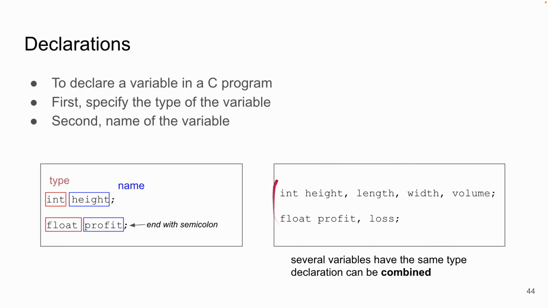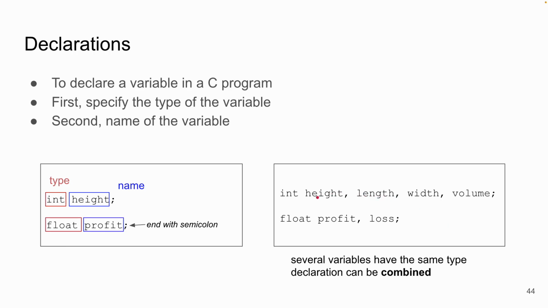Then let's check out the example here. This is another way we can declare multiple variables at the same time. If we want to declare several variables, and we know that these variables have the same type, then we can combine their declarations together.